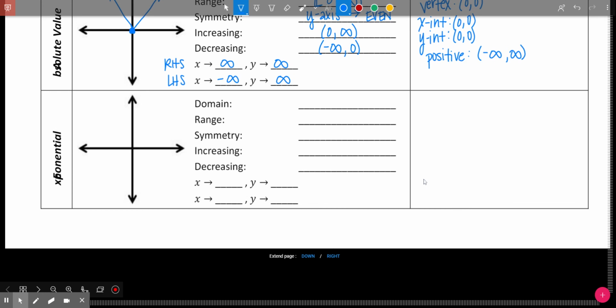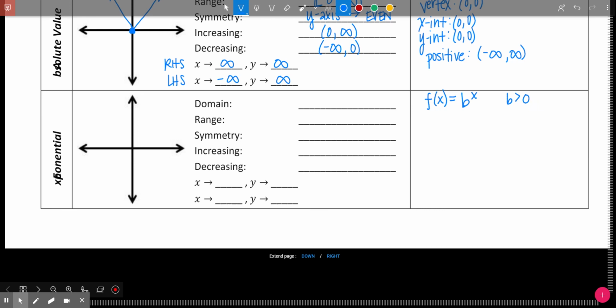The last parent function that we concern ourselves with on a regular basis is an exponential function. The parent function for an exponential function is f of x is equal to b to the power of x, where b is a real number greater than 0. Okay? b is a real number greater than 0, and not just greater than 0.